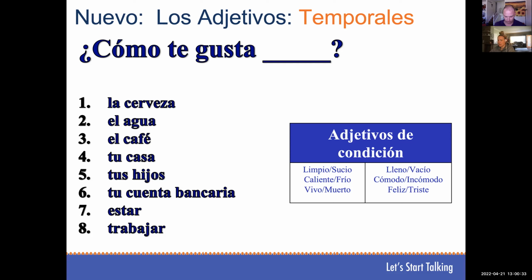Estar. Okay. Yeah. Because you're saying I like to be, right? Not I like I am. I like to be. Okay, estar. Sí, muy bien. ¿Cómo te gusta trabajar? Me gusta trabajar cómoda. In that situation, you could say cómodo because it's, okay.